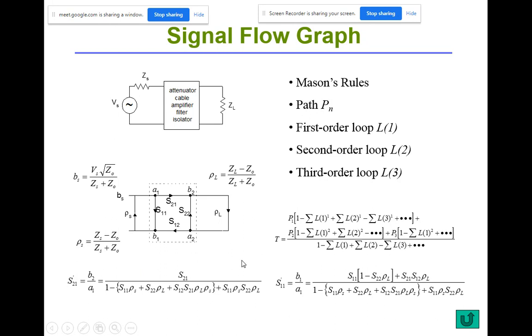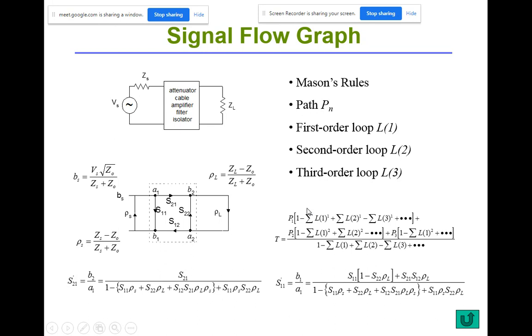So what you need to consider is how many paths are there, like what we did just now. How many paths are there to go from A1 to B2? Let's say I call that P1. That is the first path, from A1 to B2. I have the path gain is S21.